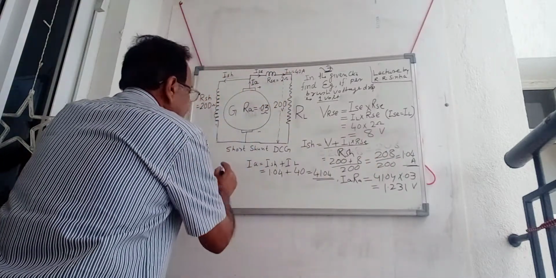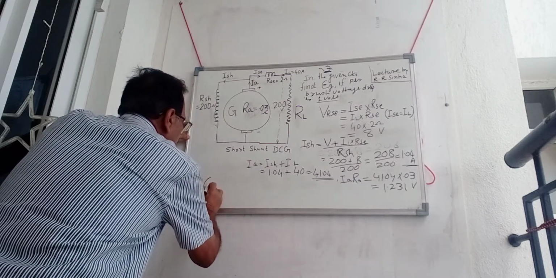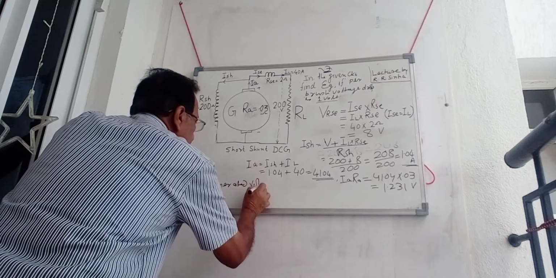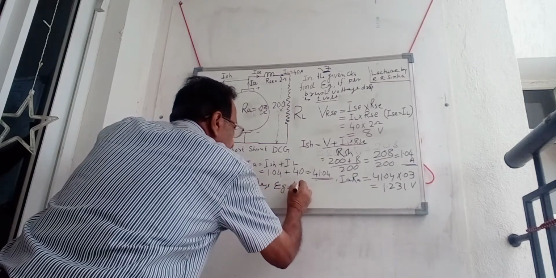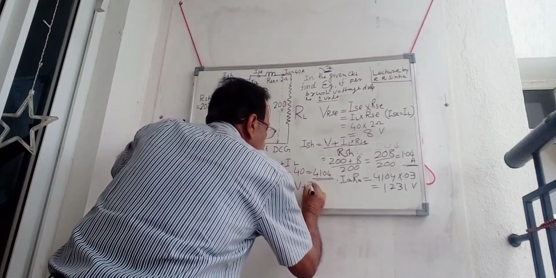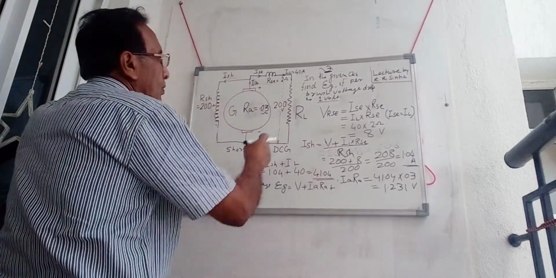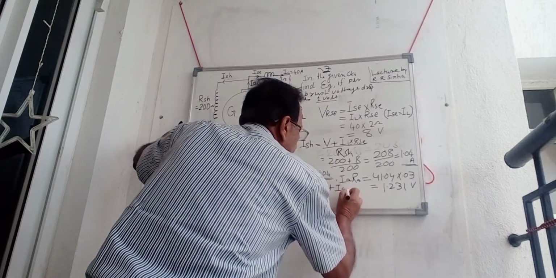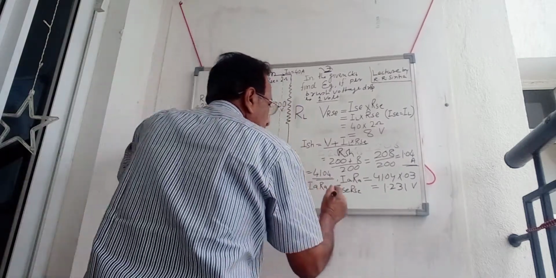Now we have to find the generated voltage. Generated voltage EG is equal to terminal voltage V plus voltage drop IARA plus voltage drop ISERSE plus the brush drop.